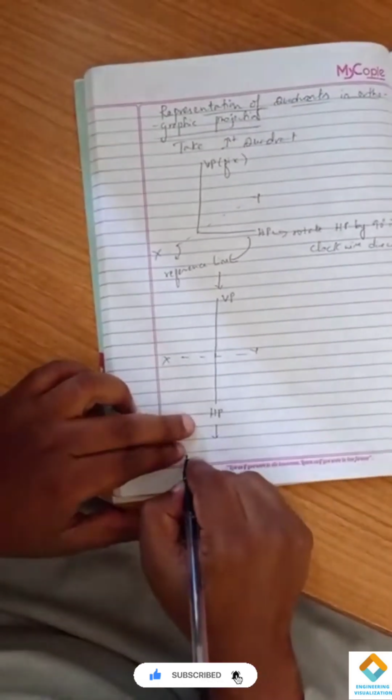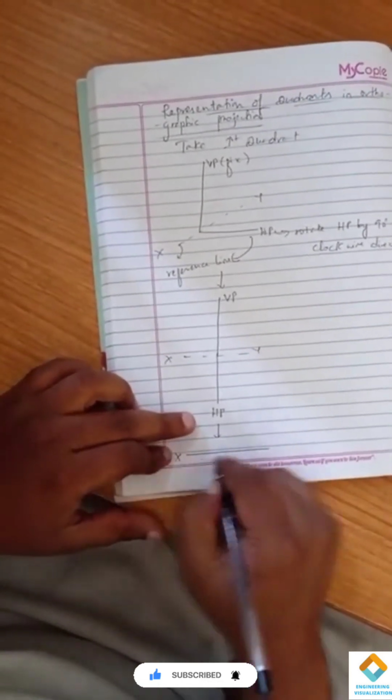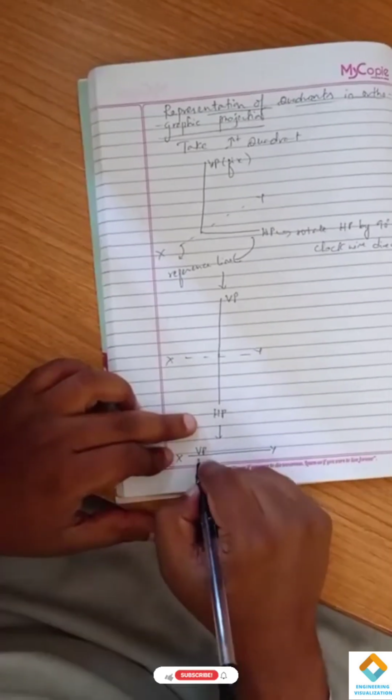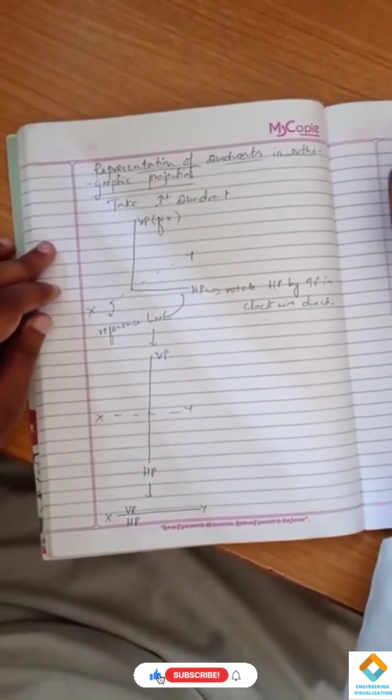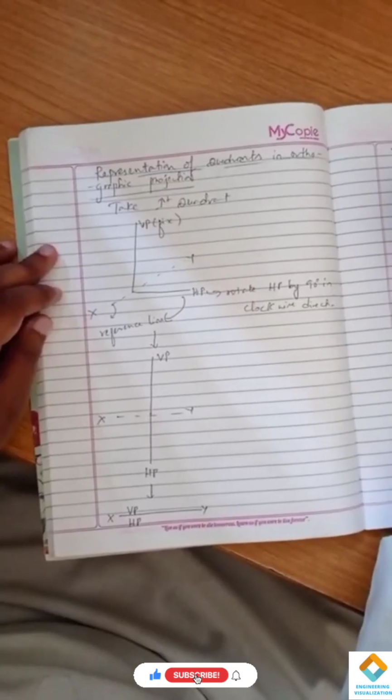When we write the XY line, VP will be above the XY line and HP will be below the XY line. This is how we represent it in orthographic projection.